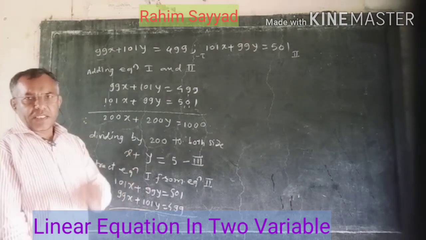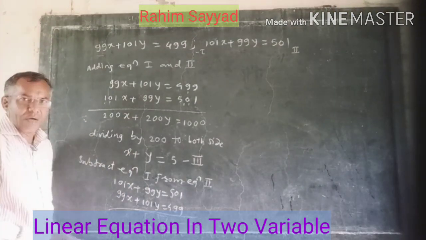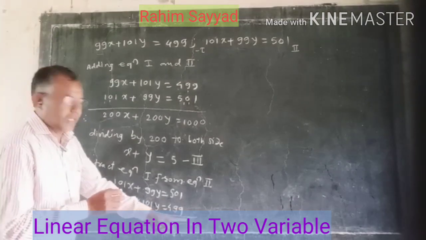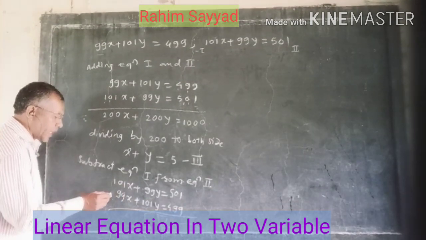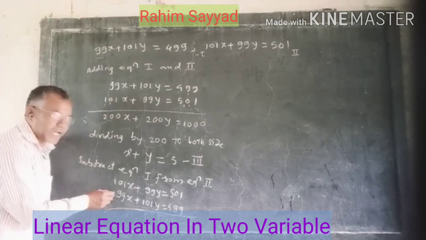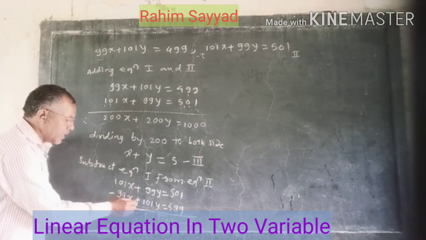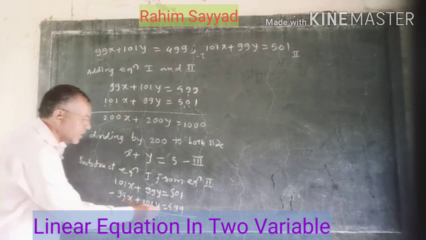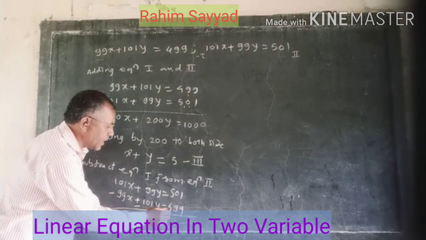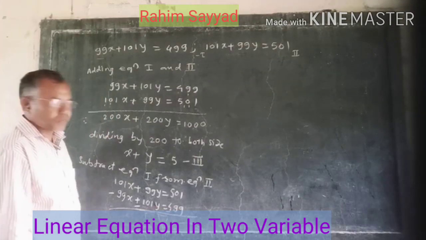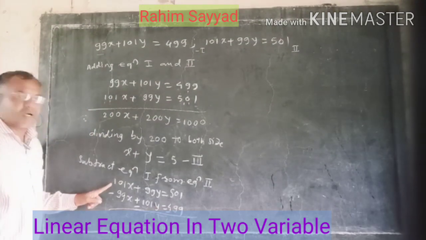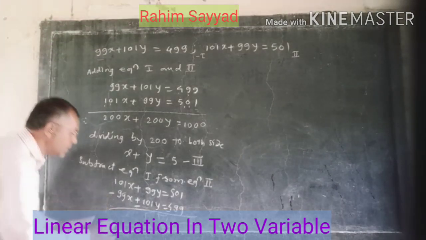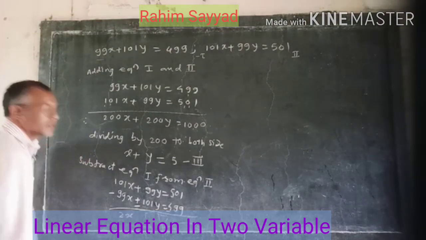By subtracting this equation, you have to change the signs of the next equation. Here is a plus, so it will become minus. Here is a plus, it will become minus. Here is also plus, it will become minus. In this way, 101x minus 99x is equal to 2x.